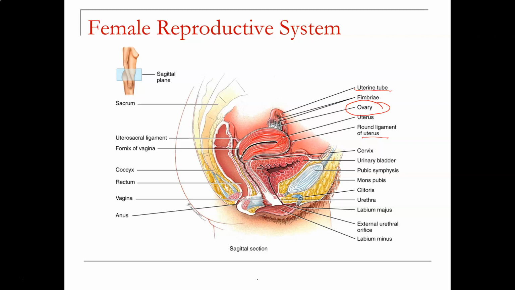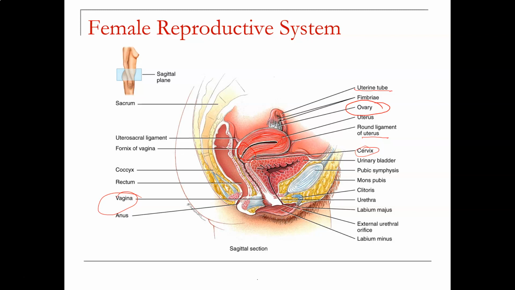And if you follow it along, you reach the neck of the uterus, which is called the cervix, so that's part of the uterus. And then that leads into the third part, the vagina. So in females, there's three modified ducts: the fallopian tube, the uterus with the cervix included, and the vagina.